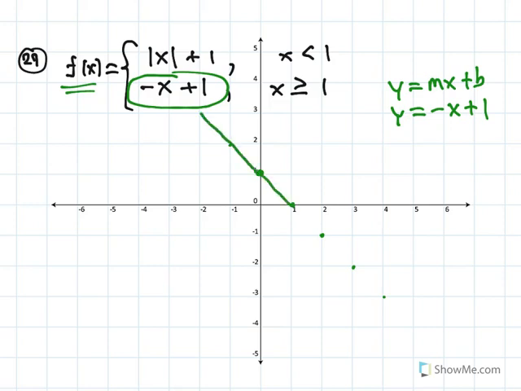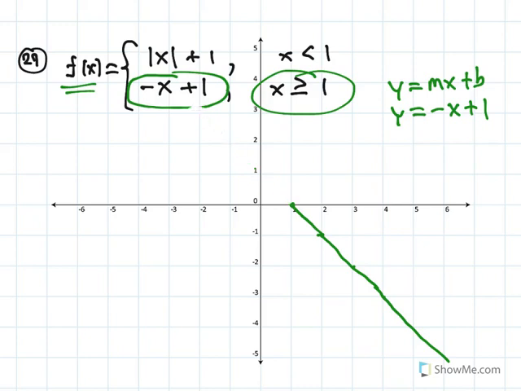So here's the graph that we have for the second piece. However, I need to erase a part of it because we would only have this graph for x values that are greater than or equal to positive 1. So the graph would actually start here at x is equal to 1 and continue as I have shown.